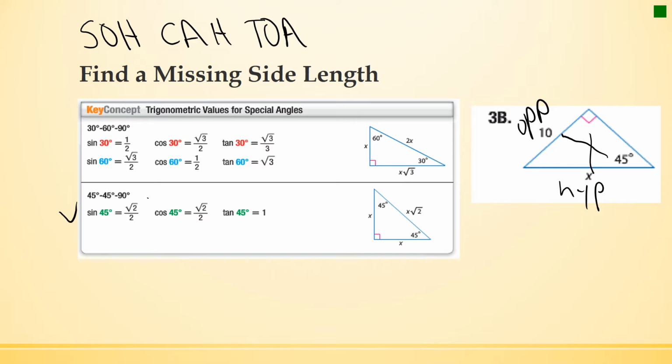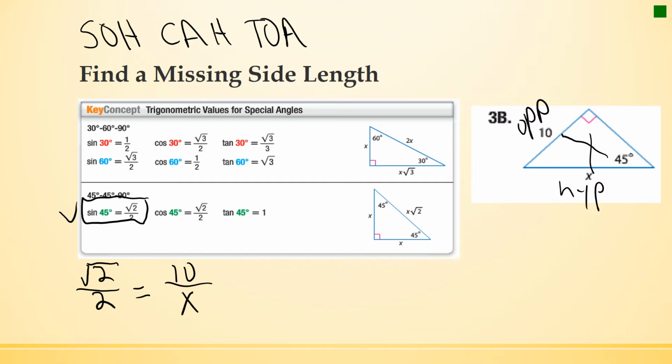And here I'm told that the sine of 45 degrees is the square root of 2 over 2. So I can set this up as the square root of 2 over 2 is now going to equal 10 over x. So I'm trying to find the hypotenuse.